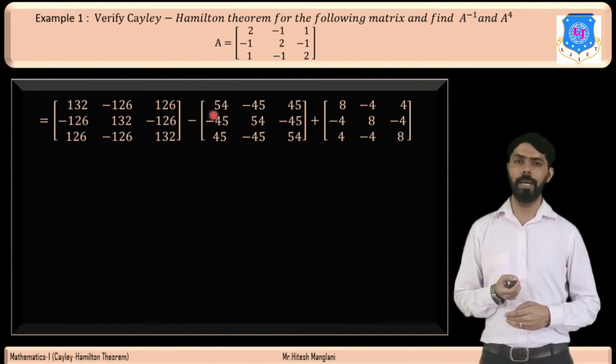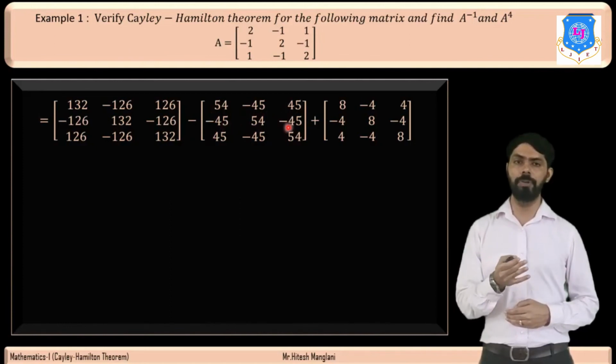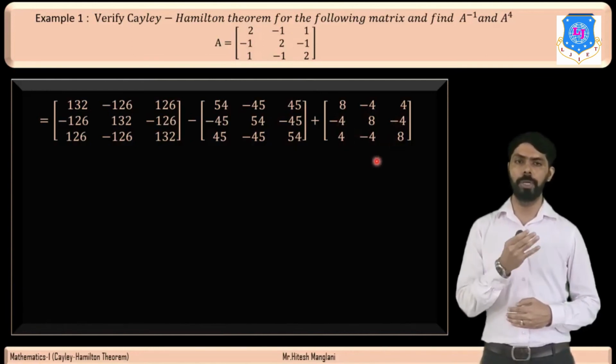So we will have to multiply all the elements of A square by 9. So it will be [54 -45 45; -45 54 -45; 45 -45 54], plus 4A. So we will have to multiply all the elements of A by 4. So it will be [8 -4 4; -4 8 -4; 4 -4 8].